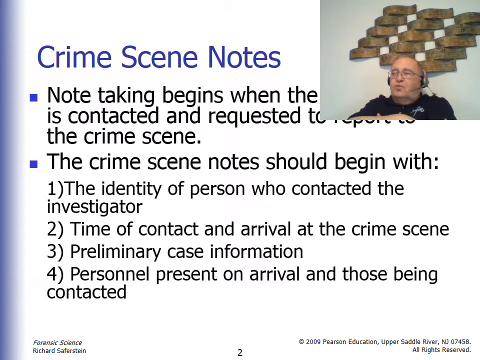Also, you should list the other people who were present on the scene that you worked with. We've already talked about the responsibility of the patrol officers to start a crime scene log to document people in and out of the crime scene.